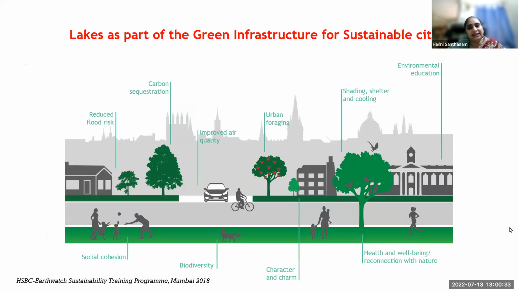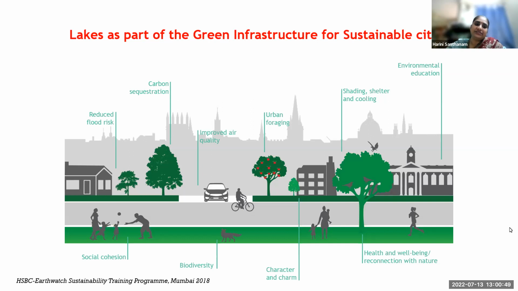Because here you can see, for example, if we consider a lake in a rural setup and a lake in an urban setup, the functionalities are standard, but there are actually more extra cultural services that a lake offers in an urban environment.